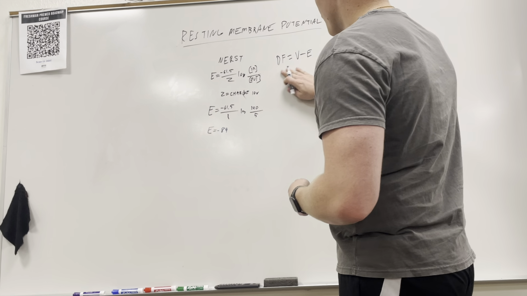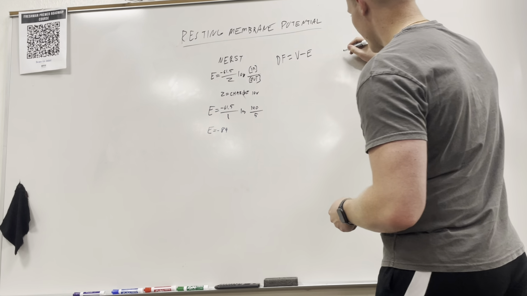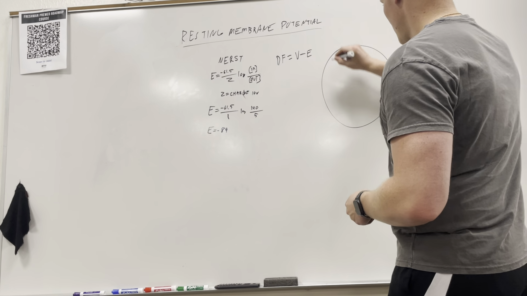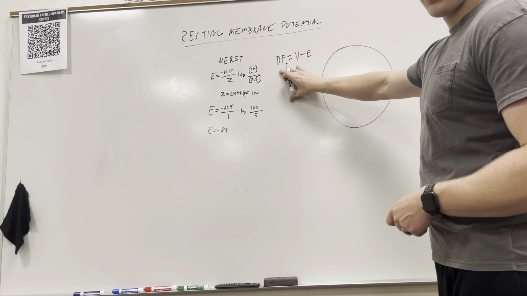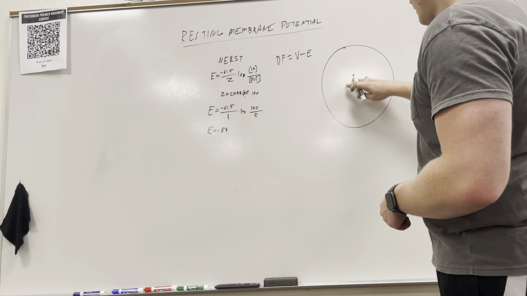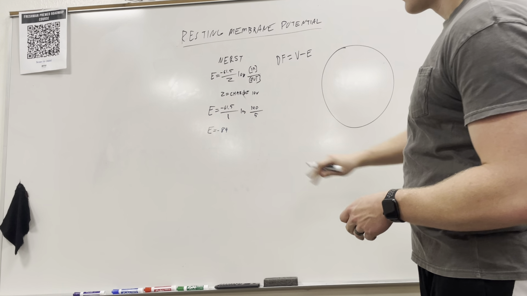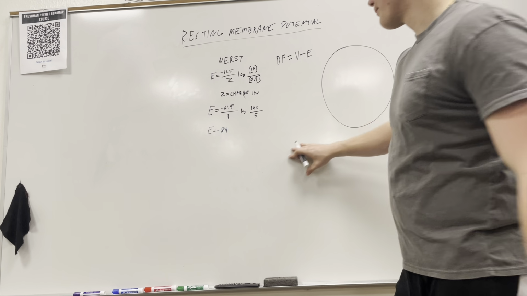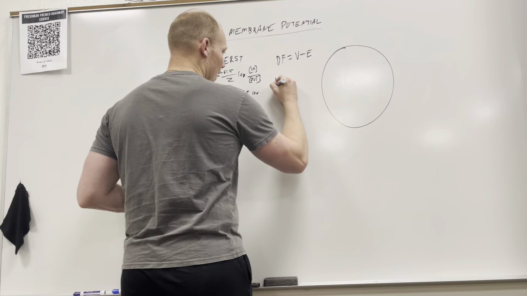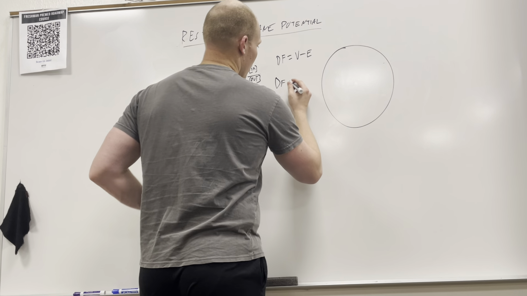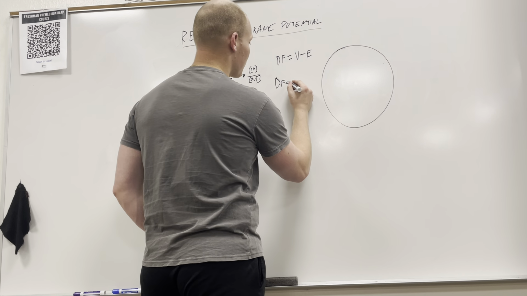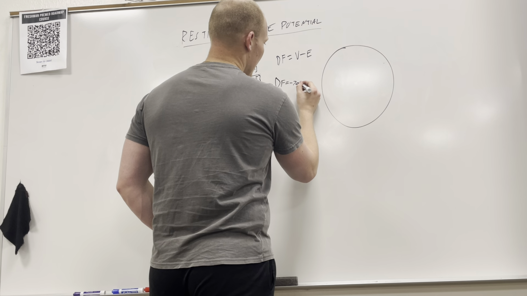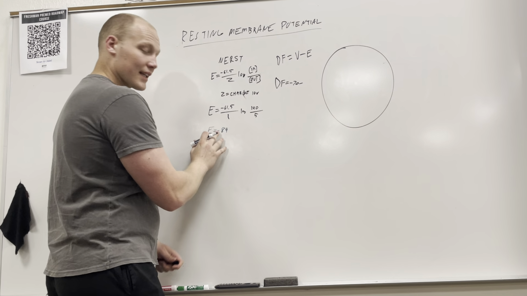So if we were to draw a cell over here, the driving force would always be inside the cell. So in this example, we have a resting membrane potential of negative 70. And then we're going to subtract a negative 89.